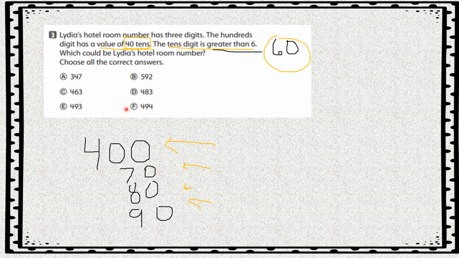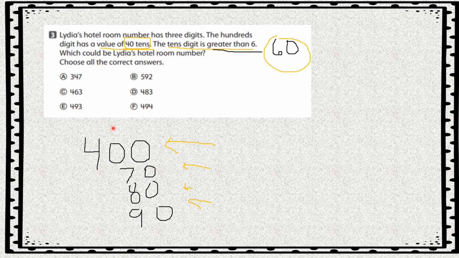Think about this question. Think about what these answers could be. Could the answer be 347? No, it can't be, because 300 is not 40 tens. So you have to first go through and look at these answers and figure out which one of these answers has 40 tens and which do not. If it doesn't have 40 tens, then it cannot be the right answer. Then you have to look at the tens digit.